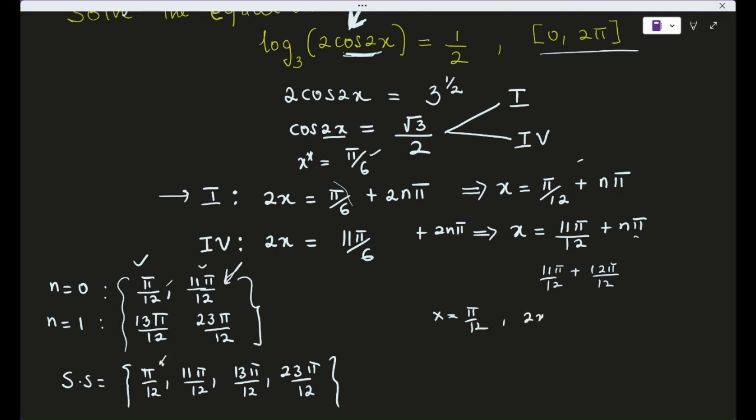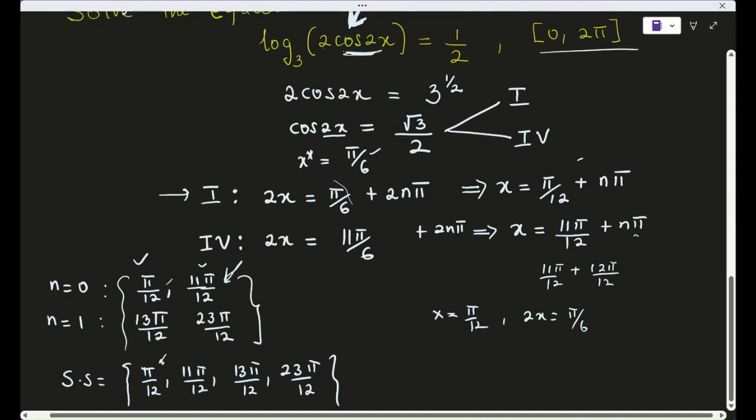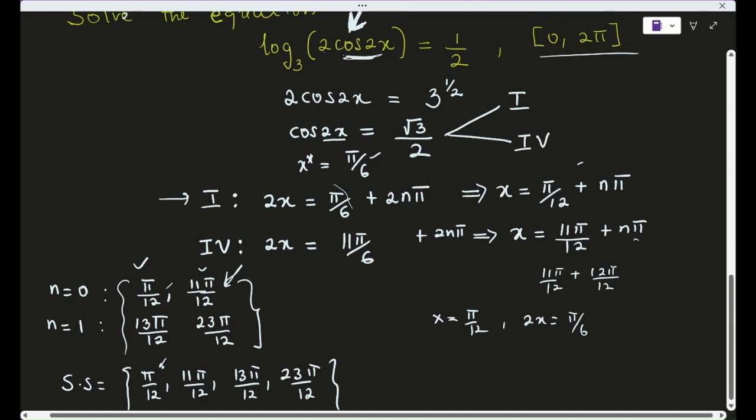So what is 2x? 2x is just going to be pi over 6. And we're sure pi over 6 is in the first quadrant. So its cosine is going to be positive. If you multiply by 2, it's still going to be positive. So the logarithm to base 3 is well defined. And you can do that for all the values you have here.